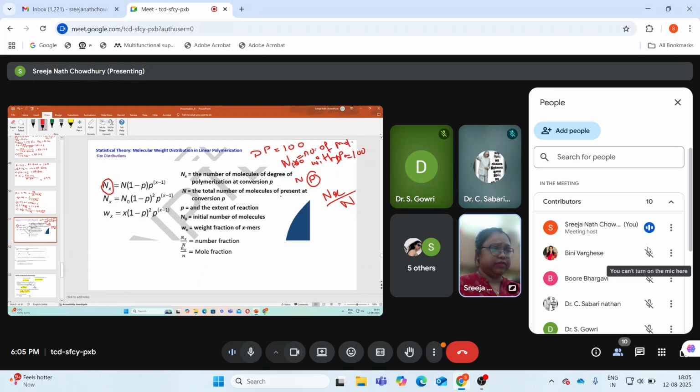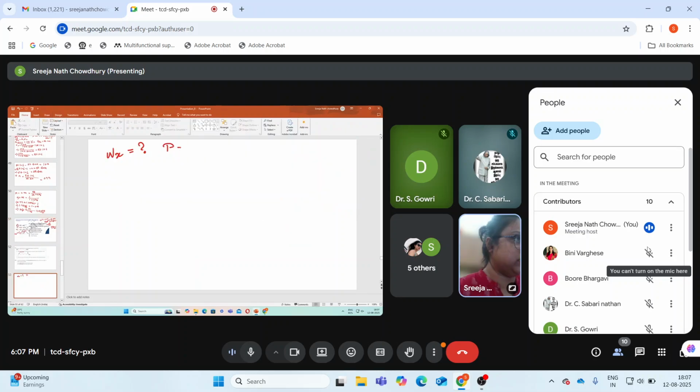So for weight percent our formula will be the formula associated with Wx. So we have to find out Wx, and our conversion p is 99%, that is 0.99.